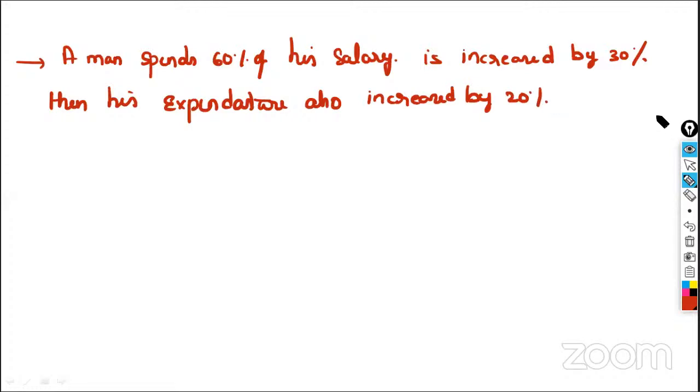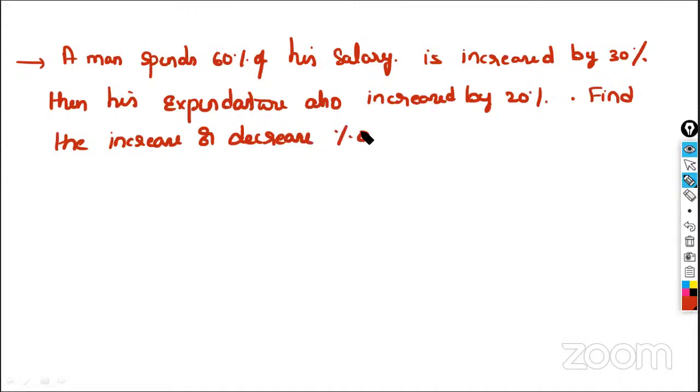Find the increase or decrease percentage of his savings.